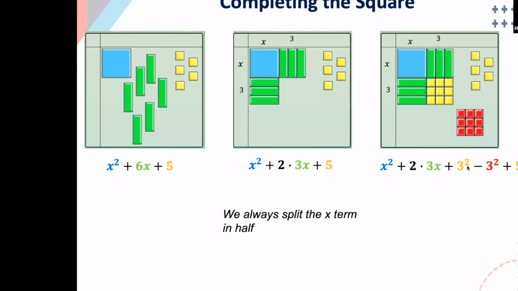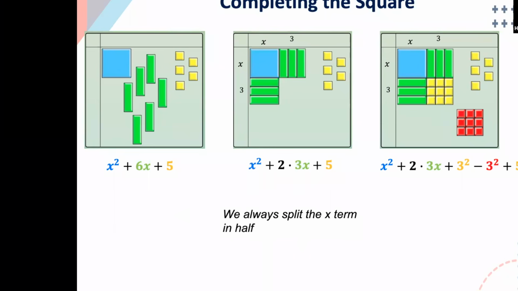I added 9 and subtracted 9. So I didn't change my equation at all. And I write it as 3 squared because you can see this side is 3, this side is 3, so there is 3 squared, but there are 9 ones here, and there are 9 negative ones here. And this 5 refers to my original 5.